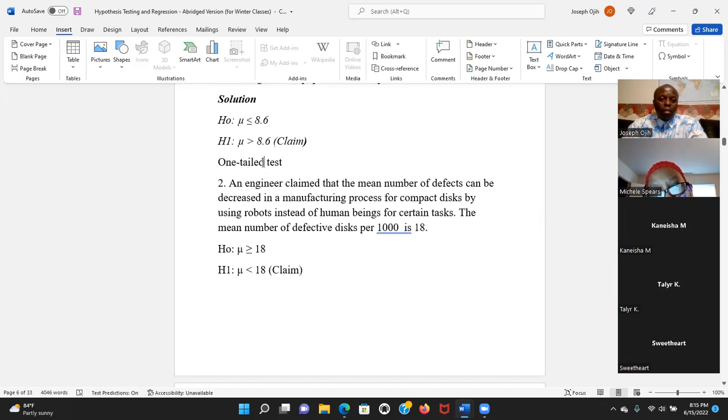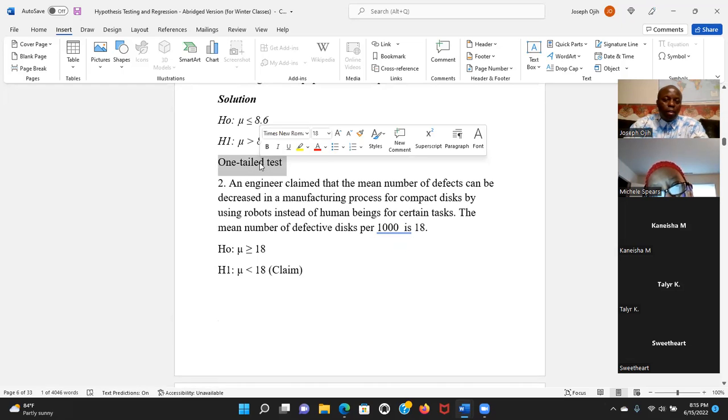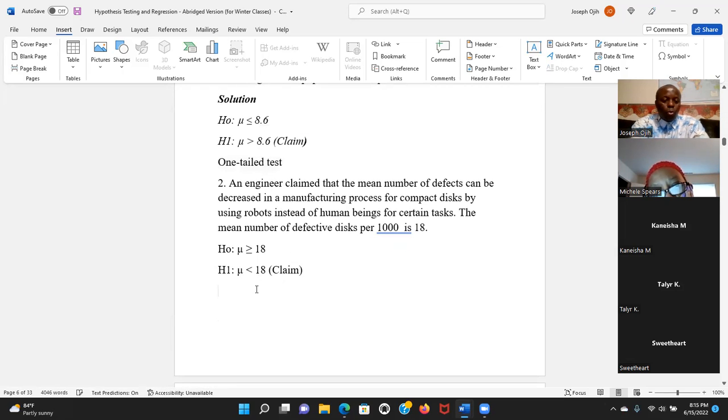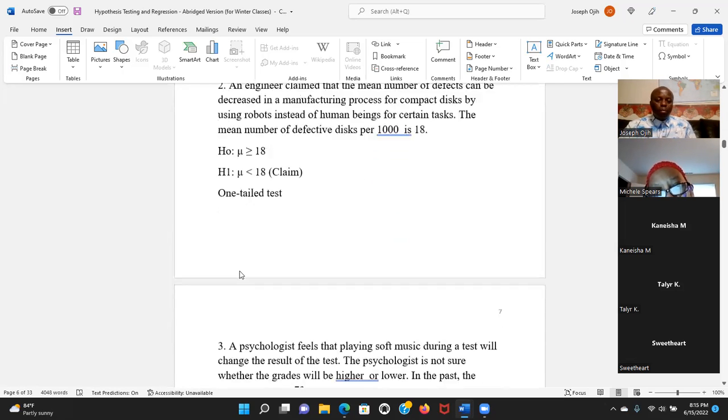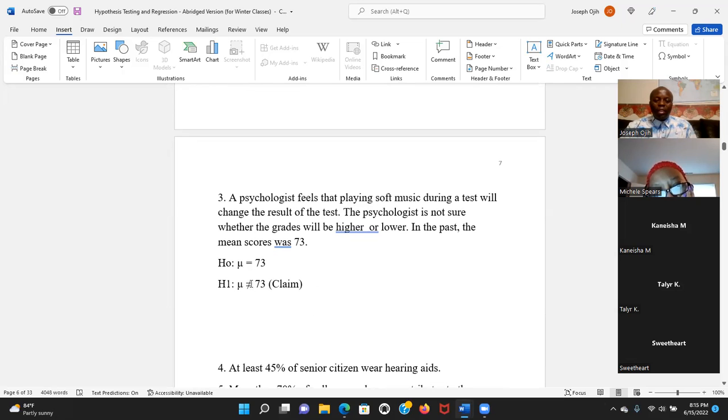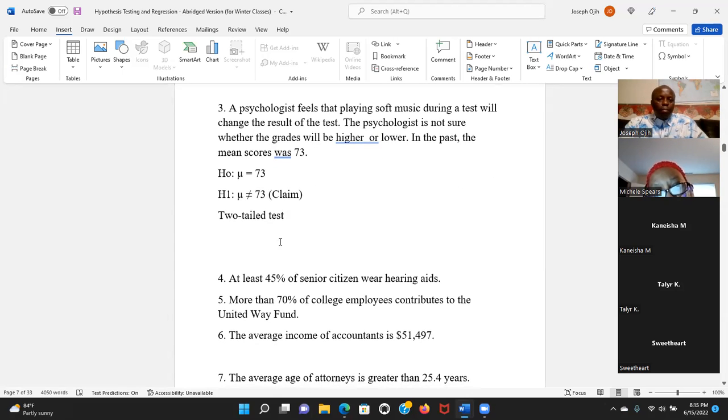The same thing with this one as well. When the claim is a decrease, it is also one-tailed because it's going to the left, one side. But here, when it's not equal to, we call it a two-tailed test. That means it can be on both sides, on the left side or on the right side. So this is hypothesis testing for the mean.